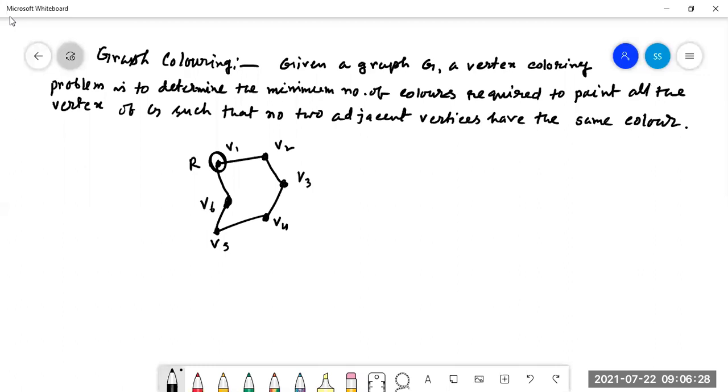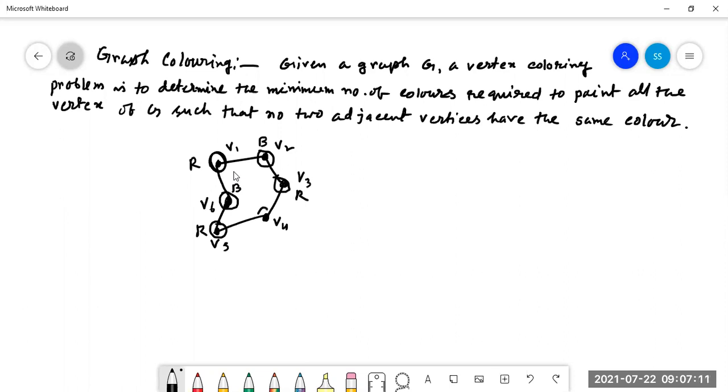So V2 and V6 are not in the same color as V1. If V1 is red, then here we have to put another color. Suppose it is blue. This cannot be red, so this is also blue. Now adjacent to this one and this one, already red, is the other color. So this cannot be blue, so you can make it red. Adjacent to blue, this is also red, and here also red.